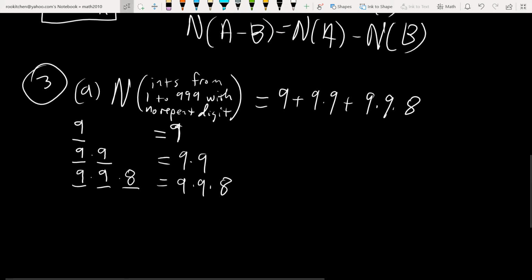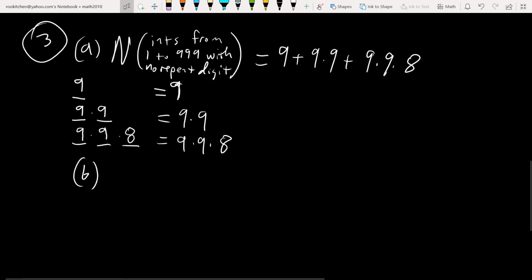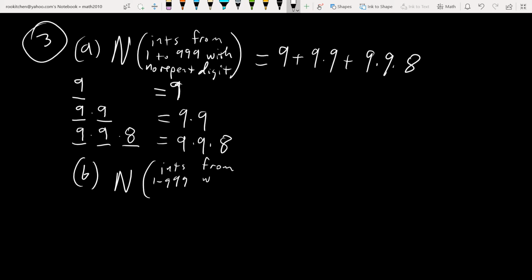Okay, part B is in line with this previous idea at the top of the screen, the difference rule. In particular, we want to figure out the number of integers that have at least 1 repeated digit in the same range, so integers from 1 to 999 with at least 1 repeated digit.